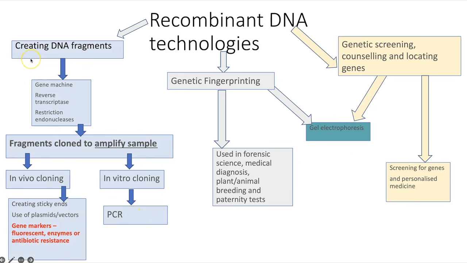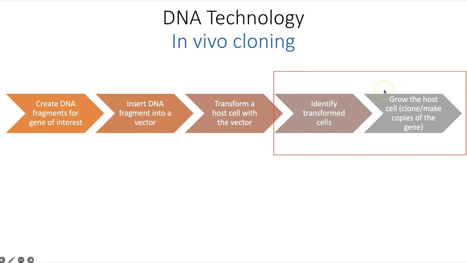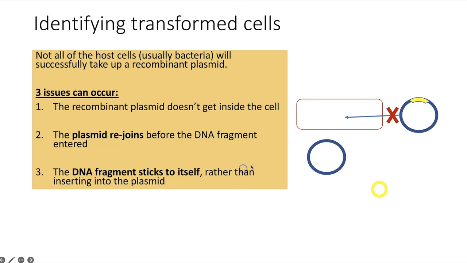So that has now got the isolated DNA fragment into a vector and then into the host cell. But we do have to check that the host has definitely taken up a recombinant plasmid. So that's the next step in the process, identifying transformed cells, which means identifying cells that have taken up the recombinant plasmid.